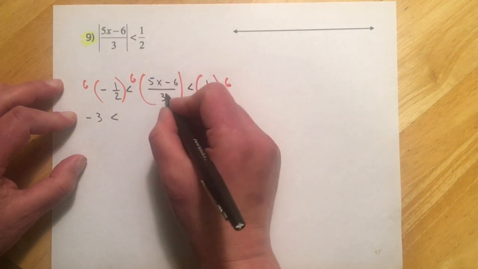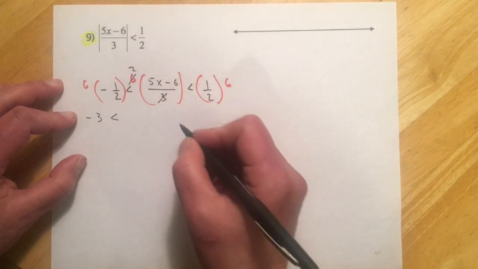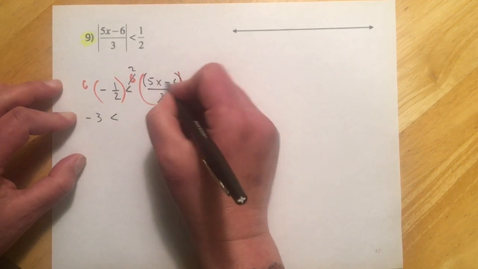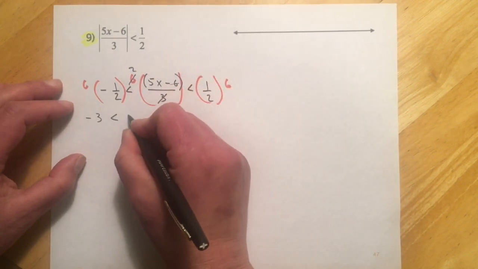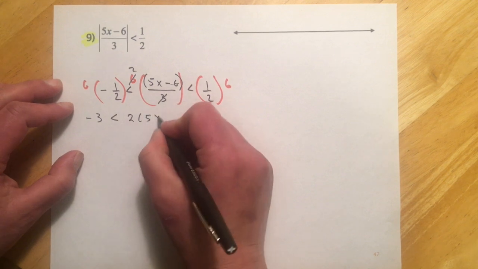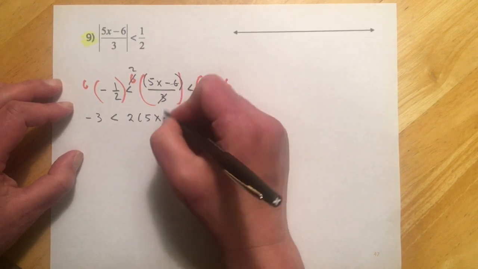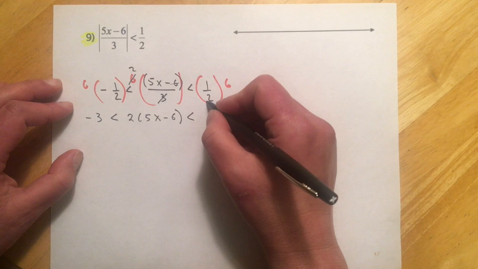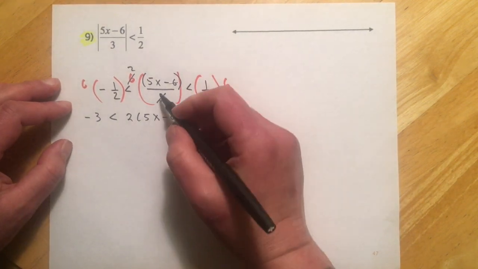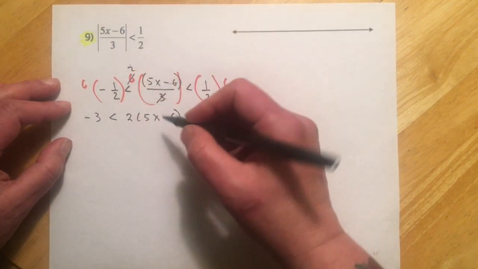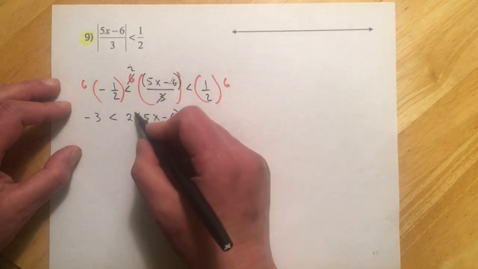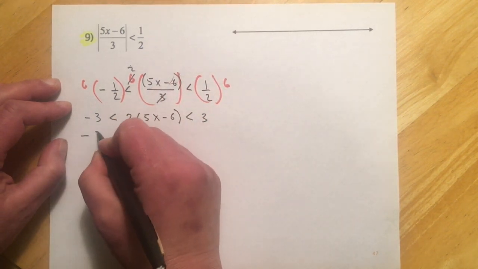So right here, this is a little sneaky. So 3 goes into 6 twice, but then that 2 is still going to have to multiply this stuff. So I'm going to write it as 2 times (5x minus 6), and then less than here, this would go in 3. So I'm canceling the 3 into the 6, making the 2, and then it's going to multiply that. So I'll go ahead and distribute now.